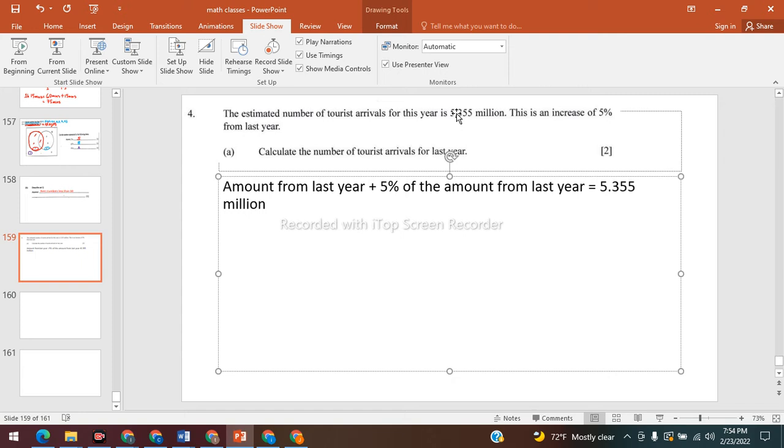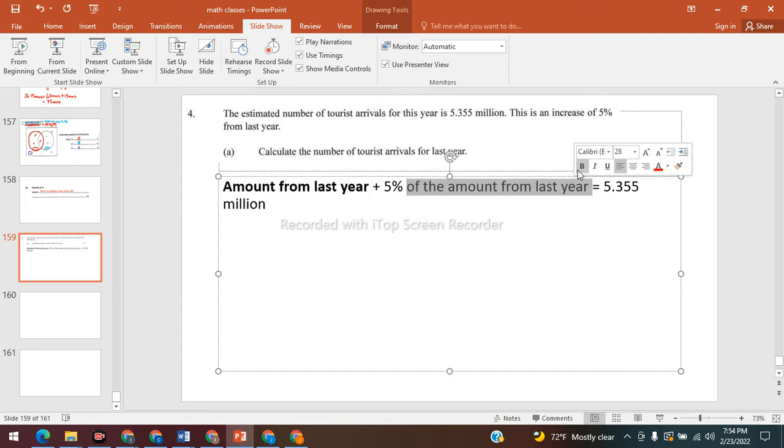Yeah, it's already added. This year is the total, and it represents the amount we got from last year plus 5% of the one from last year. I'm trying to think of a way to put it.